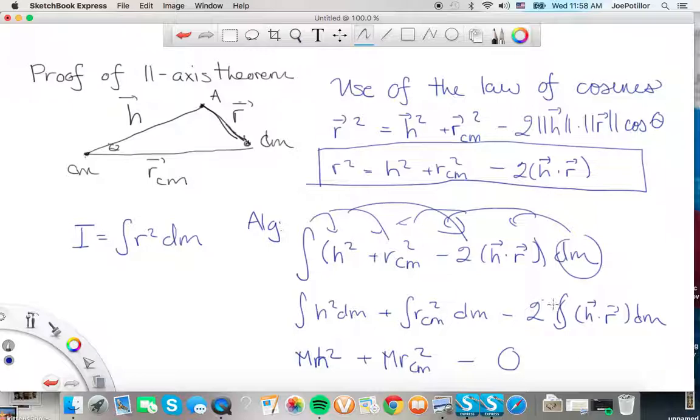Why is that? Because this particular integral, if you look very closely and attentively, is being integrated with respect to the center of mass, which you would think would just be dm times h times r.